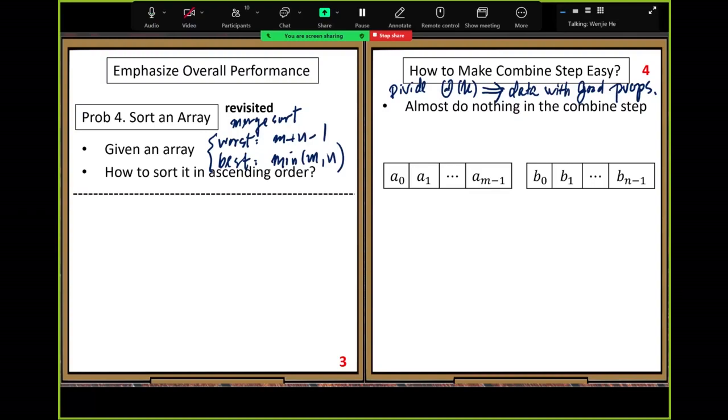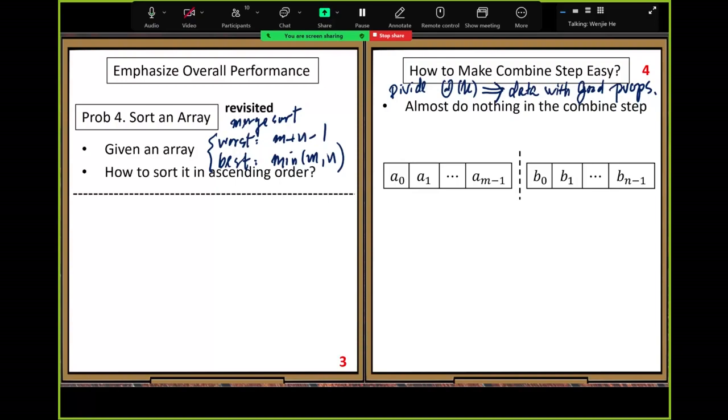This is the key point here. If you can get this point, then we are pretty much halfway solving the whole problem. In the divide step, there are a lot of unknowns we need to do, but we like to focus on the nice property we like to have after the divide step.